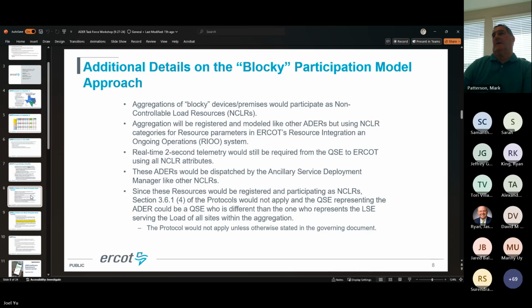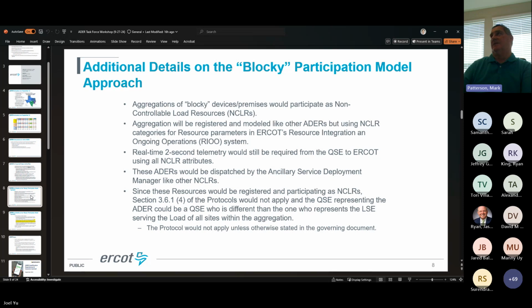Okay. And then the other concept that we have for load resources is what we call the non-controllable load resources. And that's really what we're looking at expanding the participation model for in phase 3. This would enable loads, aggregations of devices that really cannot follow base points but should be able to participate, because we know blocky loads can provide many services.